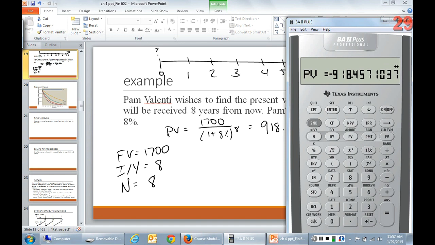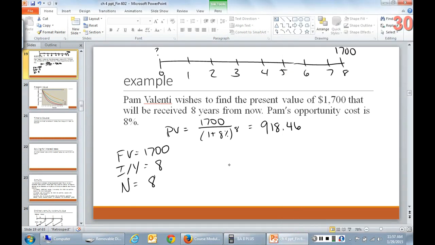And it gives you a negative $918.46. Which again, that's for interpretation purposes only. It would cost you $918 to receive $1,700 in 8 years if you're earning 8%.